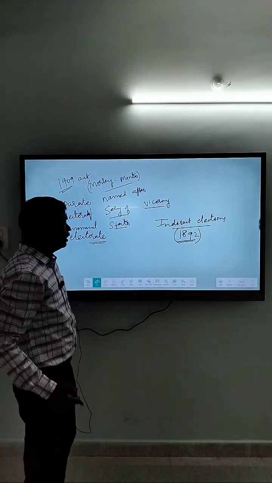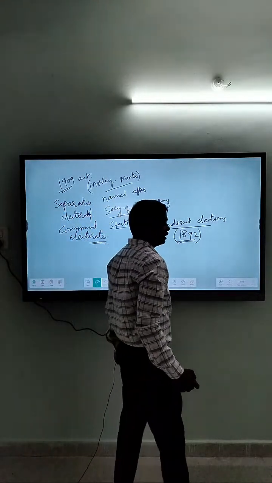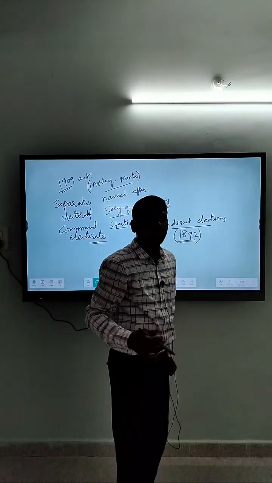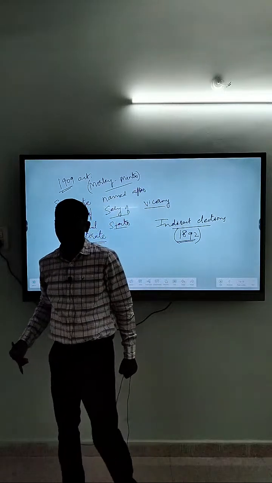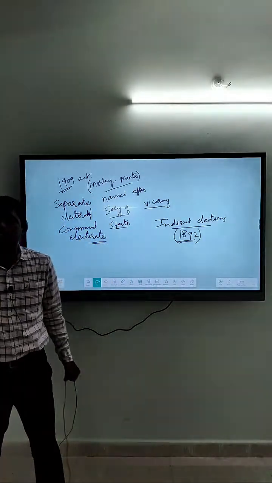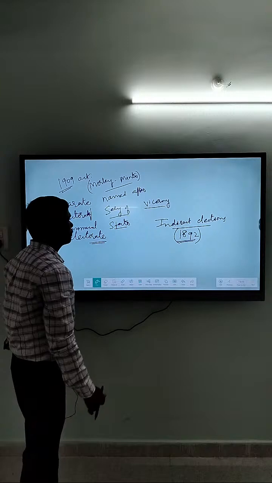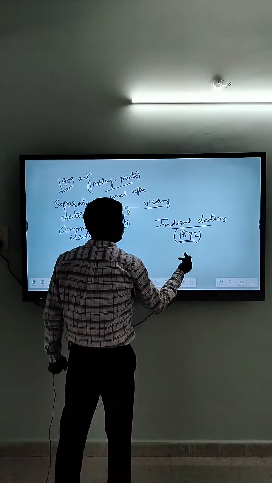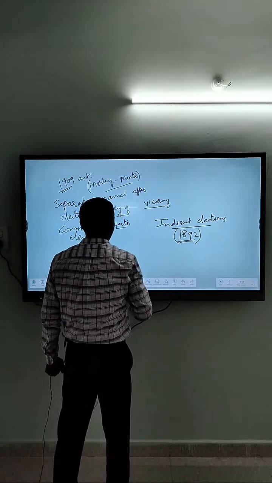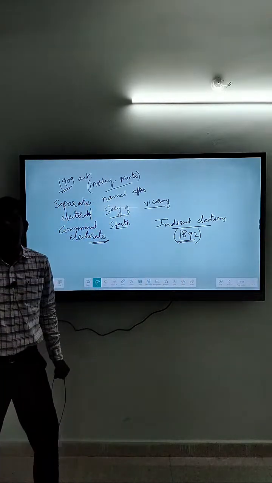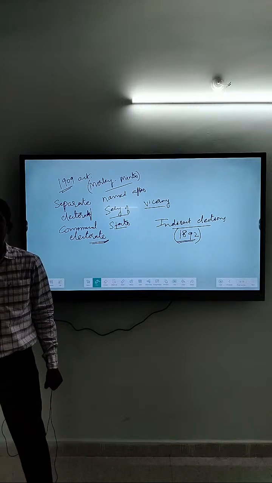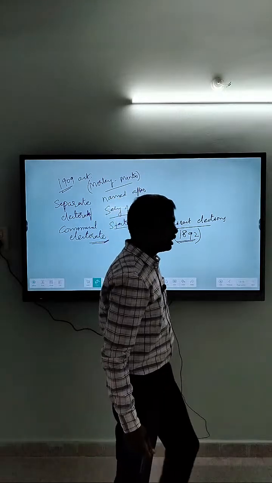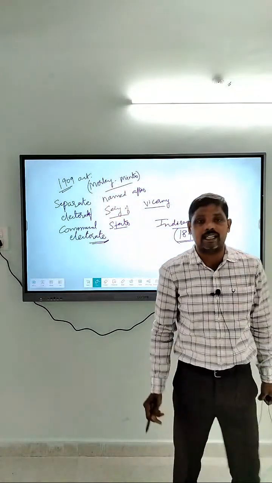The concept of indirect elections came into existence. It was introduced in 1892 and applied again in the 1909 Act. Alright. So the members of the provincial legislative councils are elected indirectly.